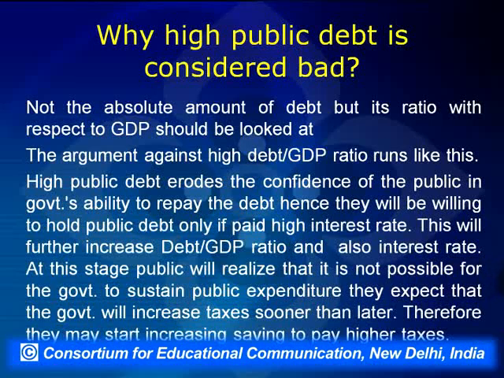That means as the debt of the government rises, the public loses its confidence in the ability of the government to repay. So the risk of holding government debt goes up, and they would like to be compensated by asking a higher rate of interest on this. This will further increase the debt-GDP ratio and also the interest rate.